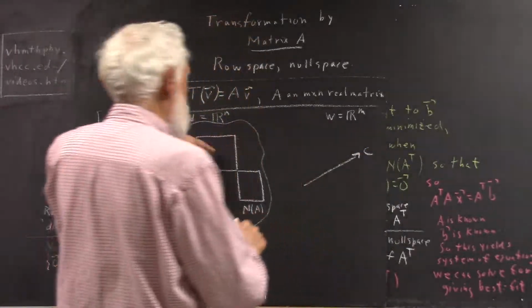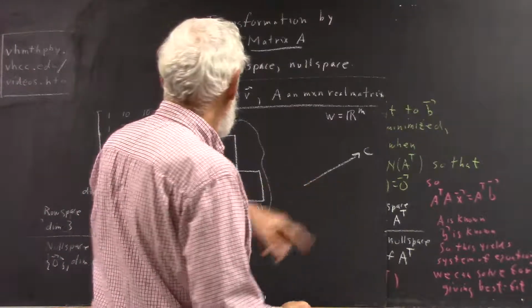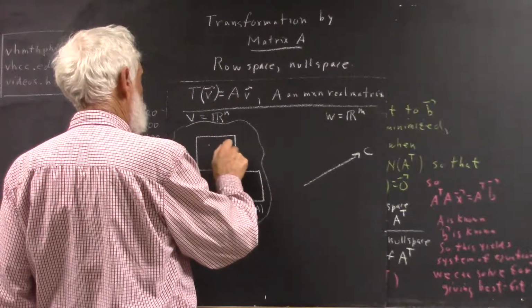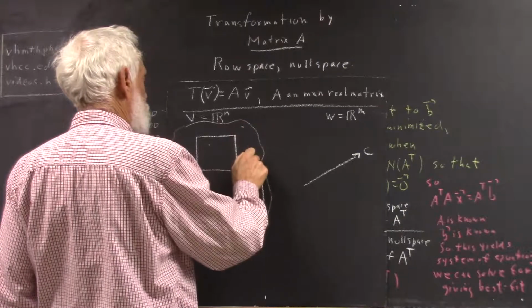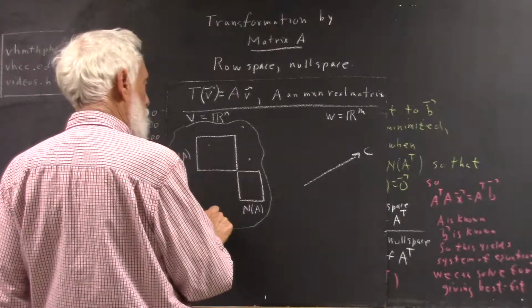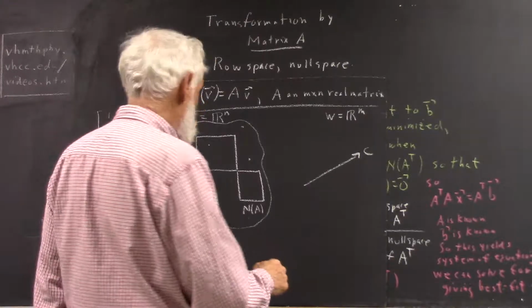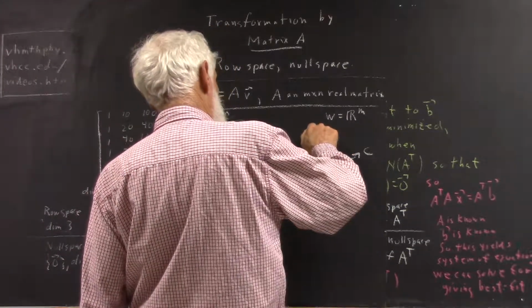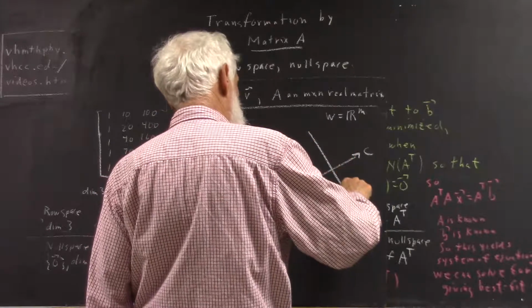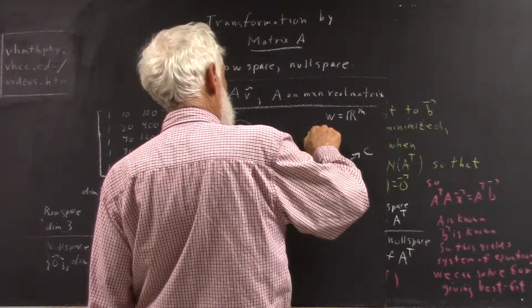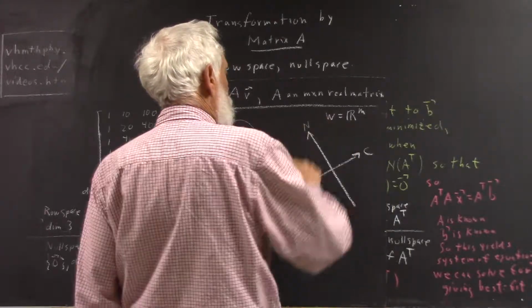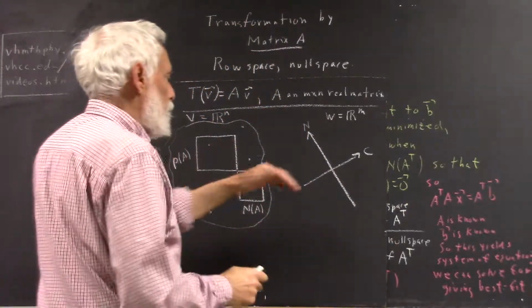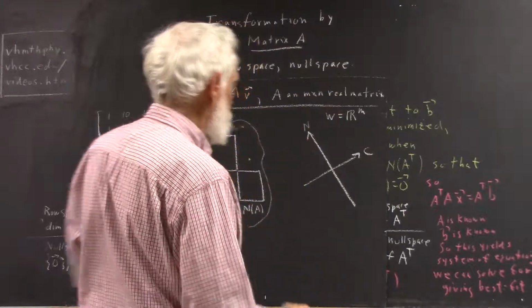Okay, so this is C. So every vector in the row space, and in fact every vector in Rn, will map to some vector in the space C. And then I'm going to depict the null space of A transpose, but I'm just going to write it as N. This is the null space over here in Rm.